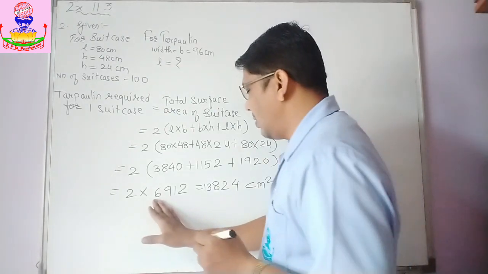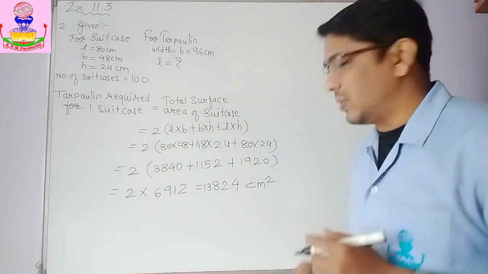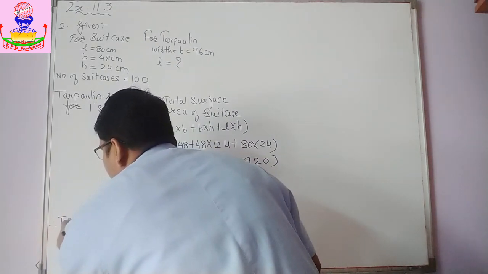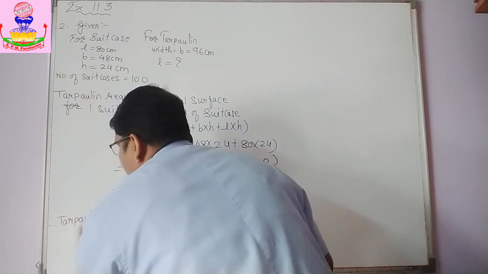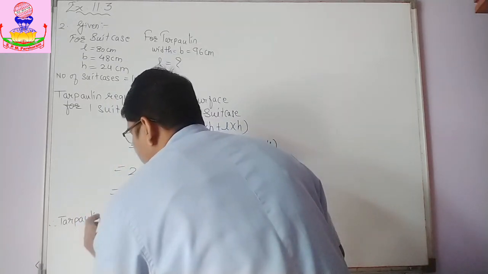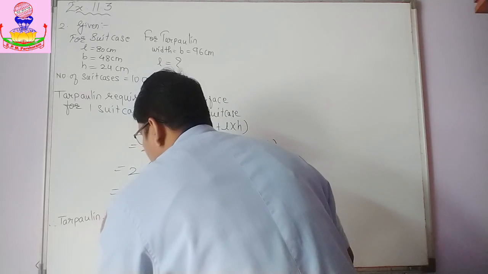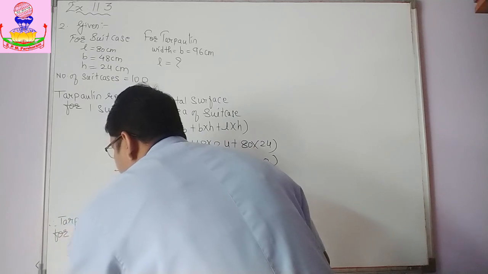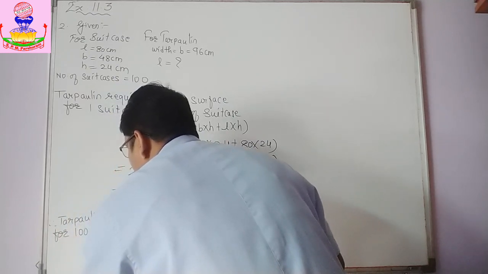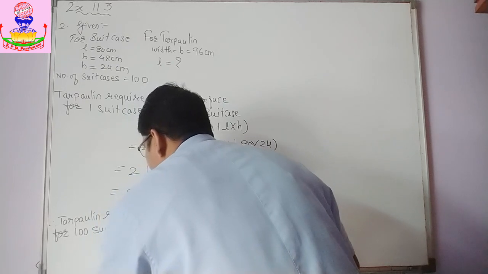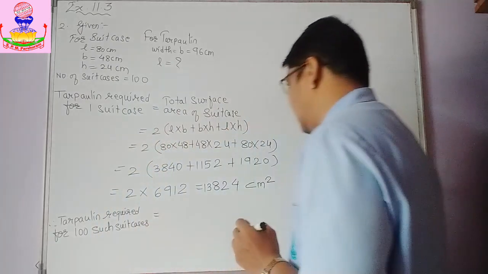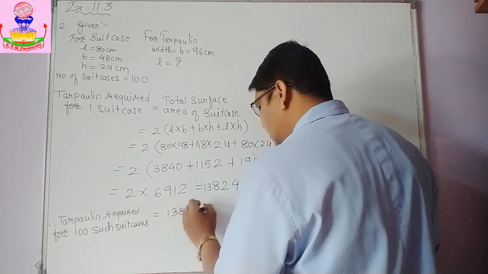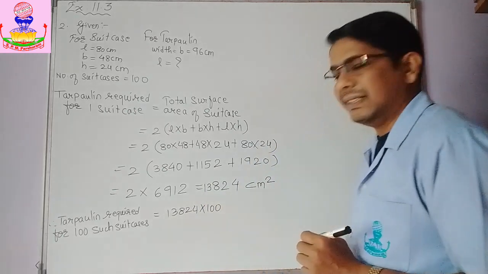Now how many suitcases are there? There are 100 suitcases. Therefore, the tarpaulin required for 100 such suitcases is equivalent to 13,824 multiplied by 100.